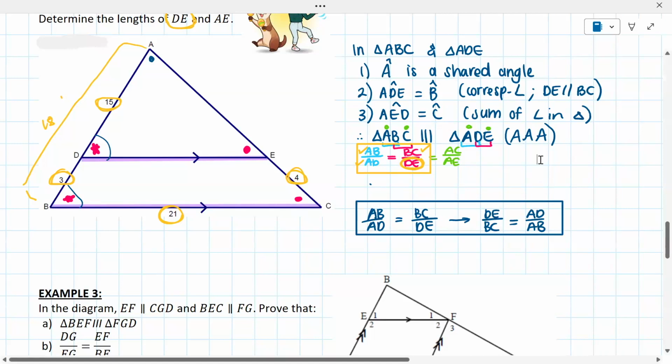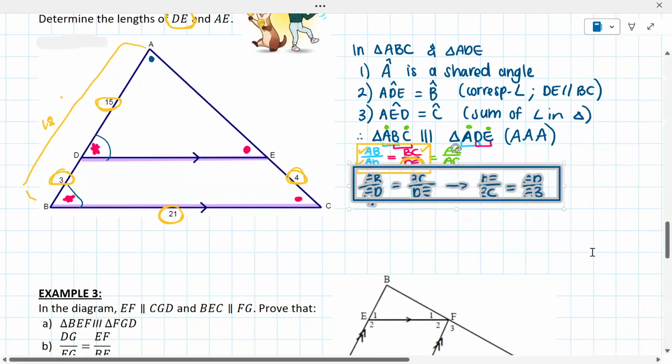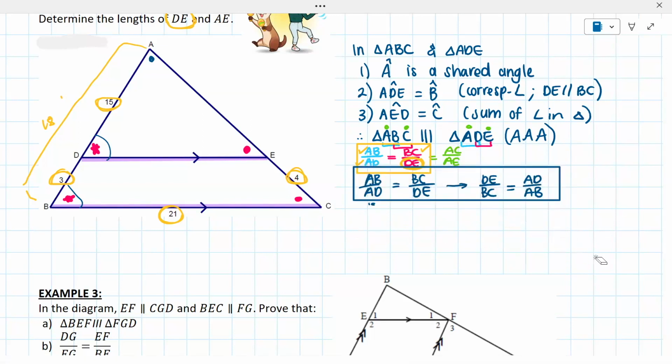So now we fill in the information that we know. AB is 18. AD is 15. We're using this fraction.